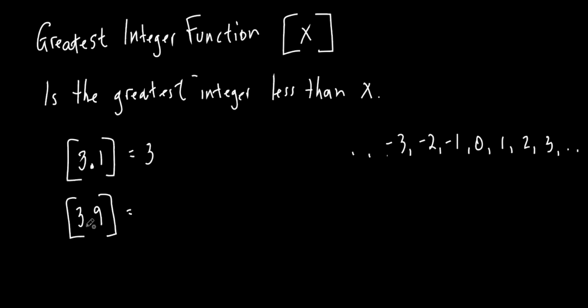What's the biggest integer that is less than 3.9? That would be 3. It could be negative, but these are your integers right here. That's why I wrote those down. Those are your integers. What about this? What if I just said 3?